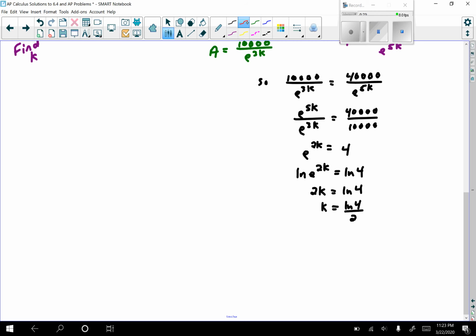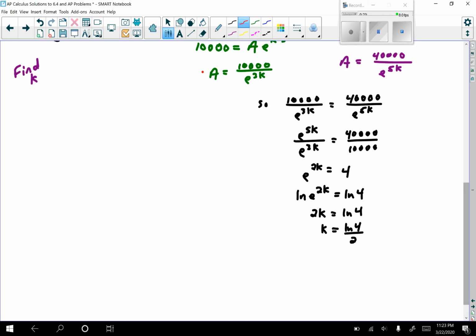Now, to find the initial amount, I can go back to either one of these two equations I wrote out. I'm just going to use this one over here. So we're going to say A is equal to 10,000 divided by e to the 3 times k, which is now the natural log of 4 divided by 2.